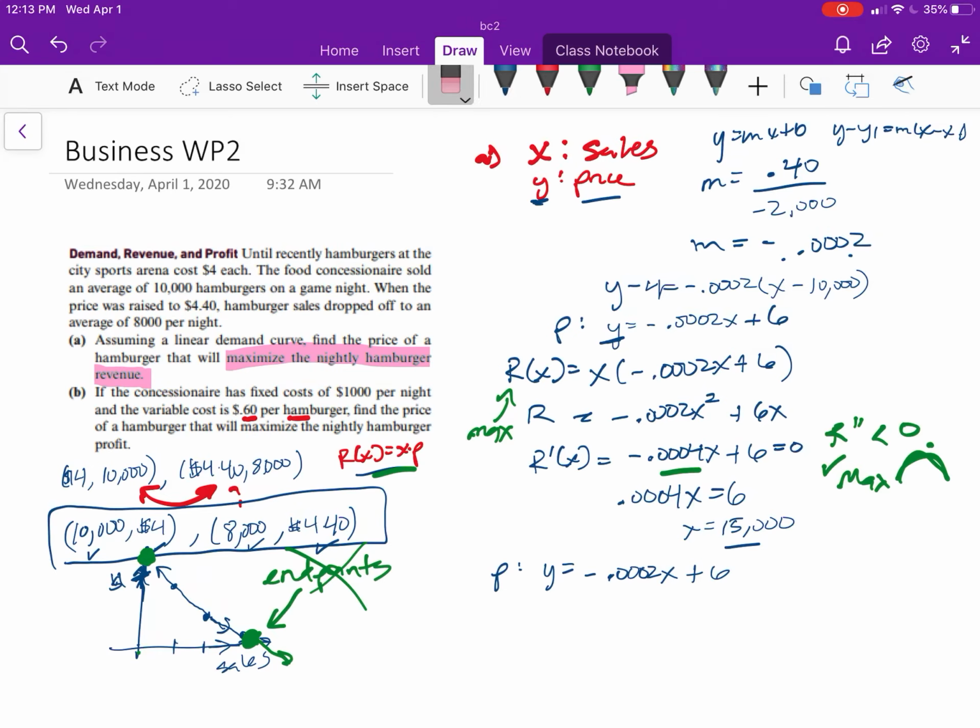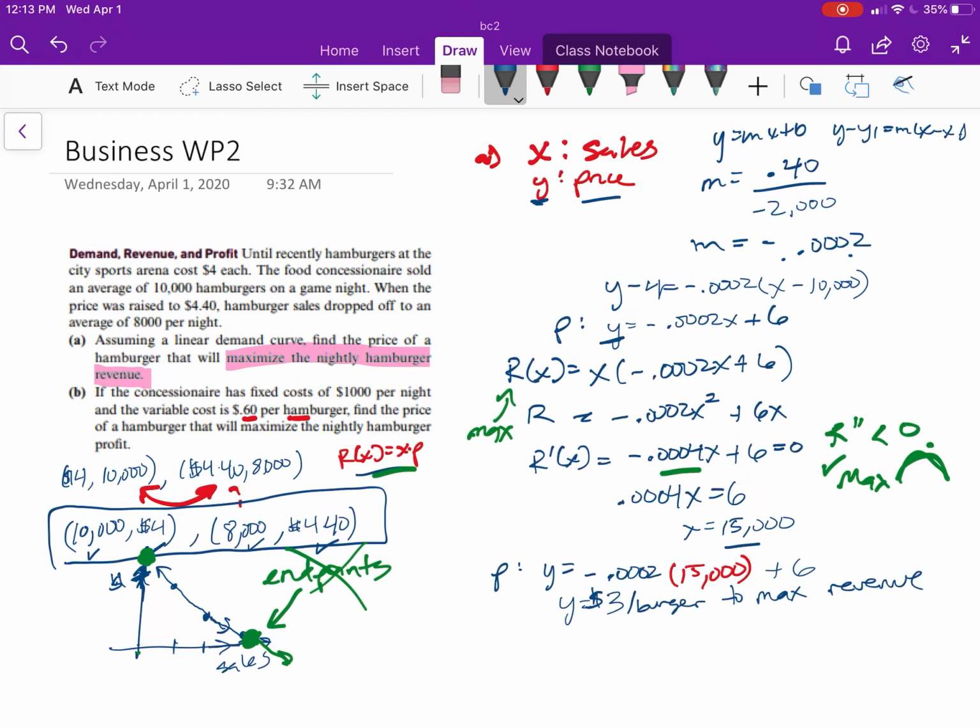So plug that 15,000 in for x. Just do it now. And we get 3. So using a calculator, we get 3. I didn't do that in my head. So the price is $3 per burger to maximize revenue.